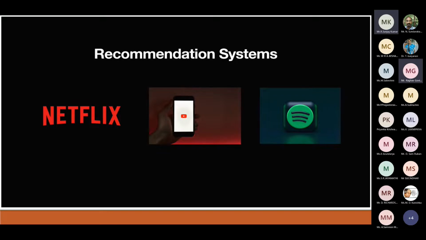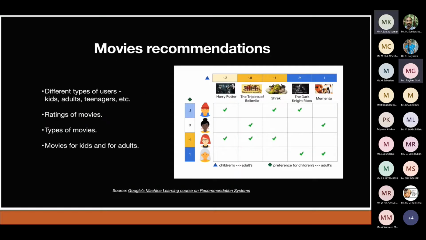Most of us use Netflix, YouTube, Spotify and Amazon. Most of these use network embedding systems from the flavor of linear algebra. Here is a graphic example of Google's recommendation system.